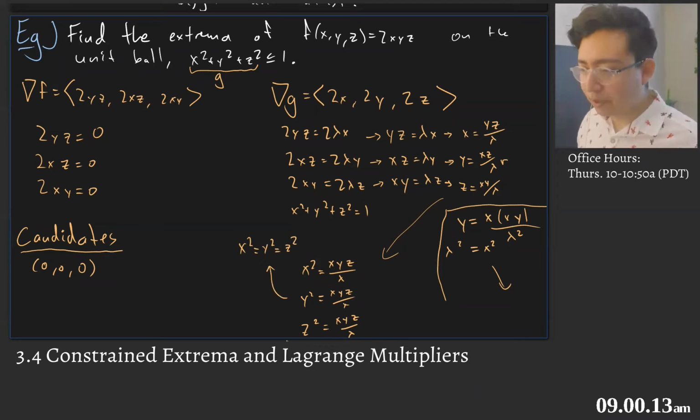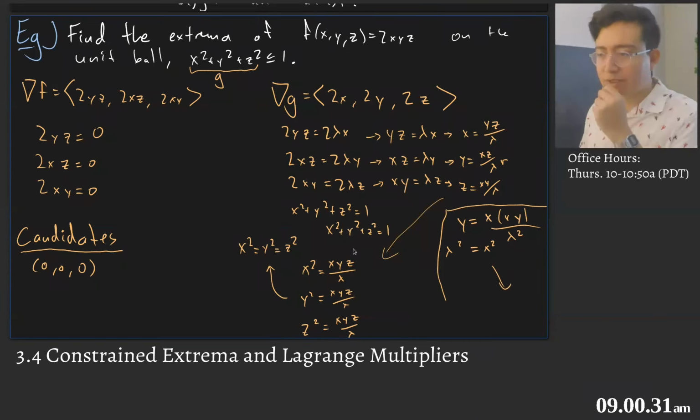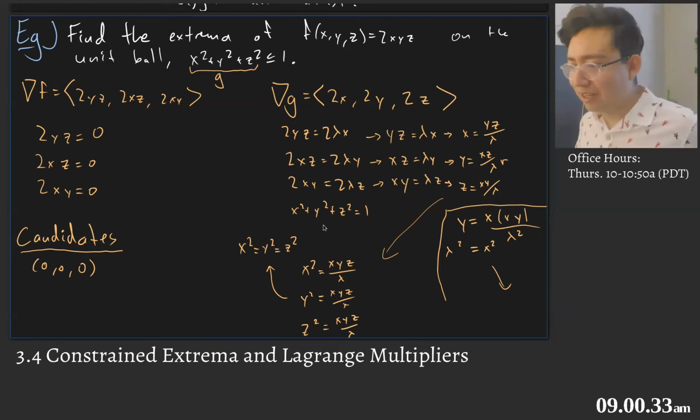If we make that substitution over here, then we get x squared plus y squared plus z squared equals 1, or rather 3x squared equals 1. If we just substitute y squared for x squared and z squared for x squared, and plug both of those in here, then we get this.